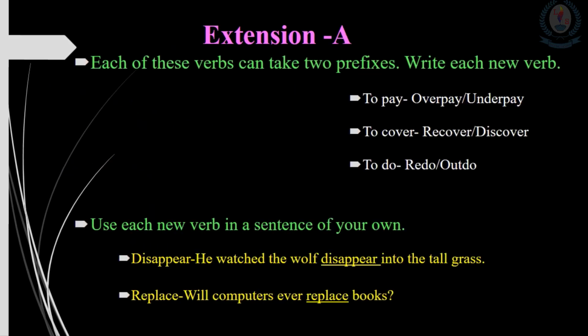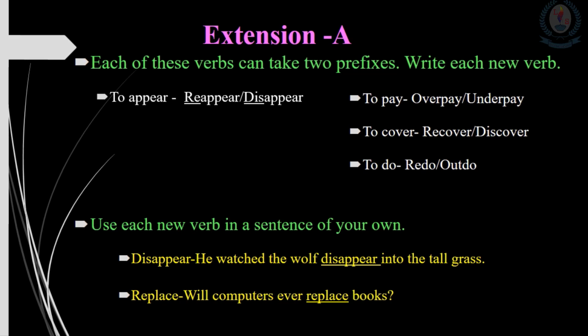Okay, now let's begin the activity extension A. The question is, each of these verbs can take 2 prefixes. Write each new verb and use each new verb in a sentence of your own. There are 6 words given.